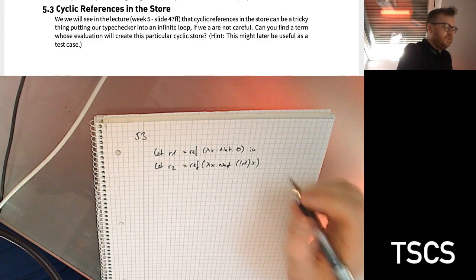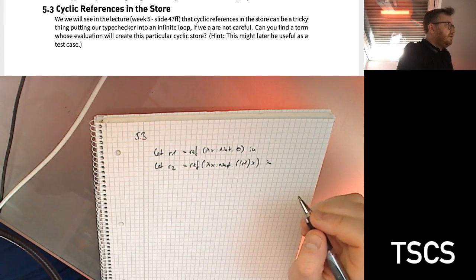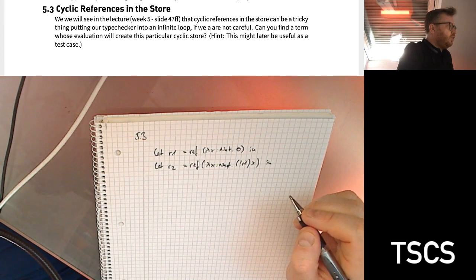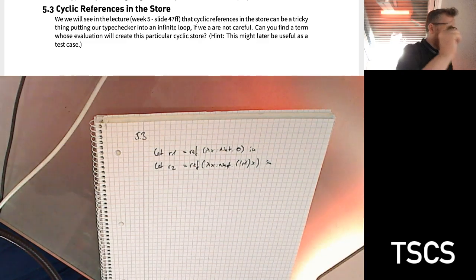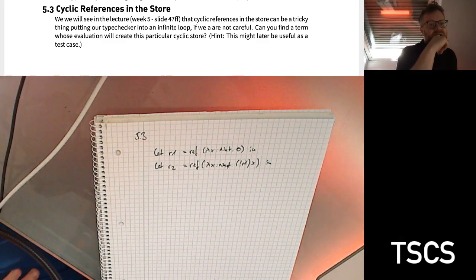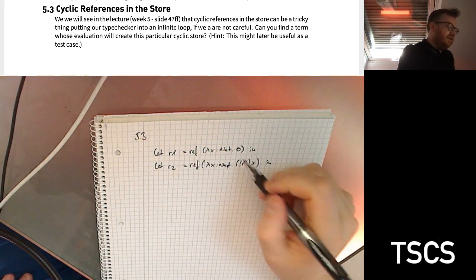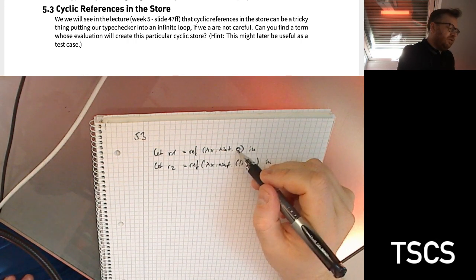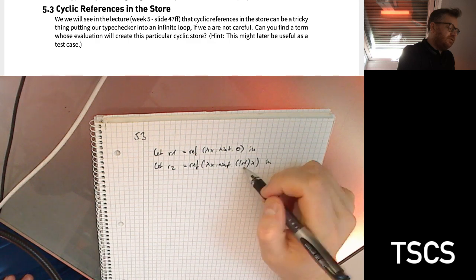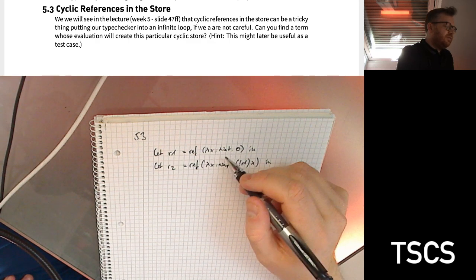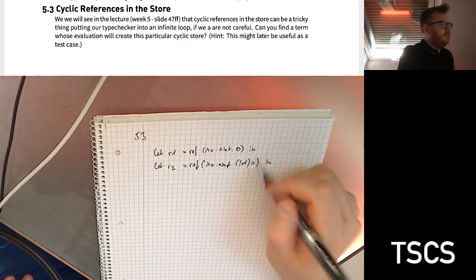Remember that. And then we will do something that is a little bit tricky. Now we have to make it cyclic. We had this thing, which we stored, and then we referenced from R2 into R1. But now we need to make it cyclic, so R1 needs to reference back into R2.